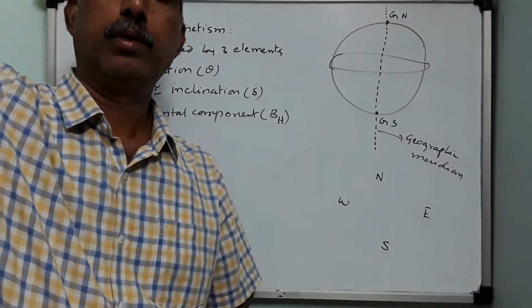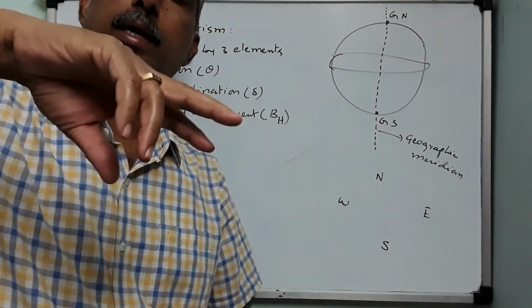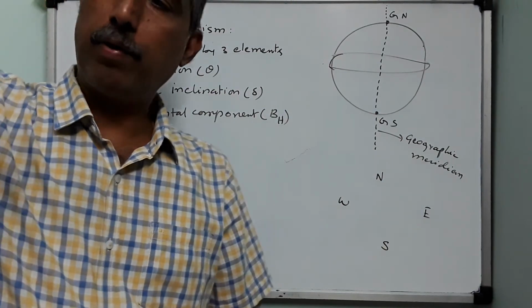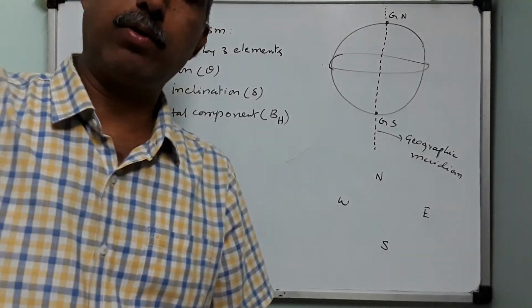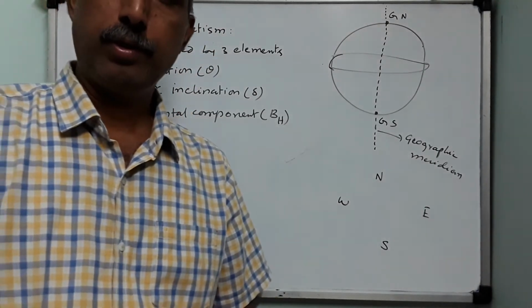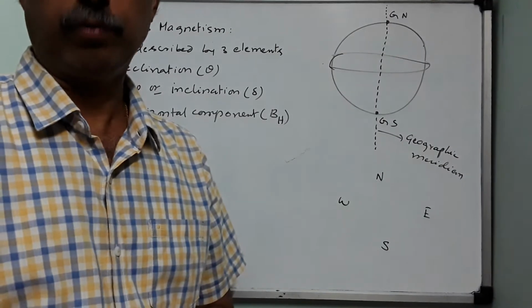Initially it may be rotating or oscillating, and finally it will settle down in a particular direction. However you move, it will come in that direction only. Whether you face towards east or west or north, south, it will come in its own direction. The direction is nothing but geographic north and geographic south.